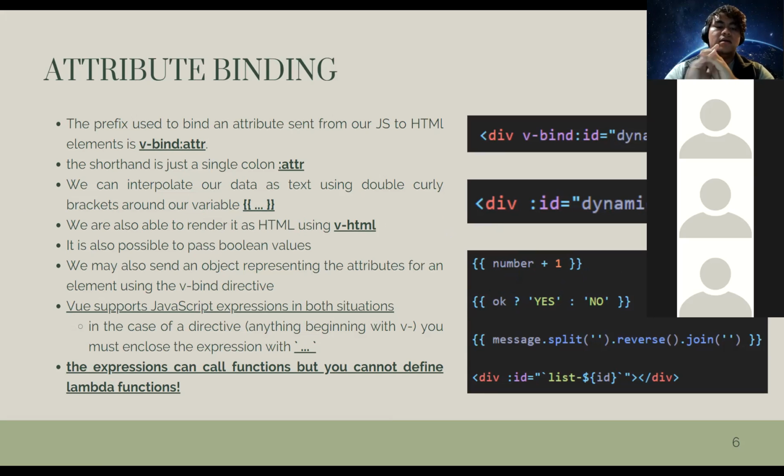Attribute binding is basically if you want to define something in your Vue that you can change dynamically, you can actually set that as one of the attributes. So let me give you a demonstration of that.